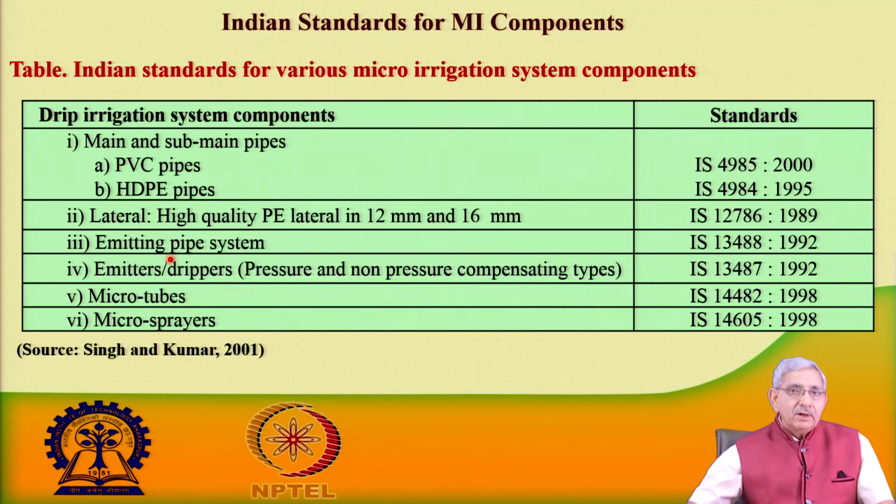For lateral pipeline of 12 millimeter and 16 millimeter, a particular standard has been specified. For emitting pipe systems, emitters or drippers which are pressure compensating or non pressure compensating, there is a particular specification given. Likewise for micro tube and micro sprayers. These specifications have already been specified and we should pass these tests.